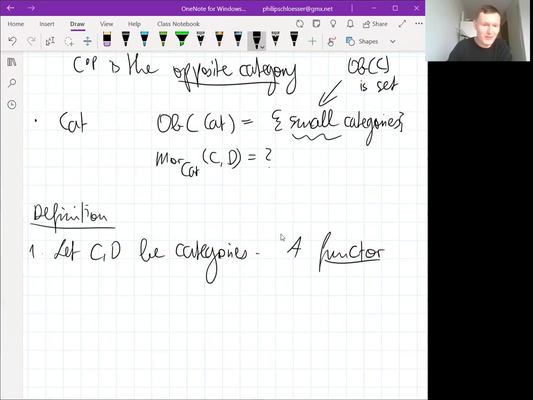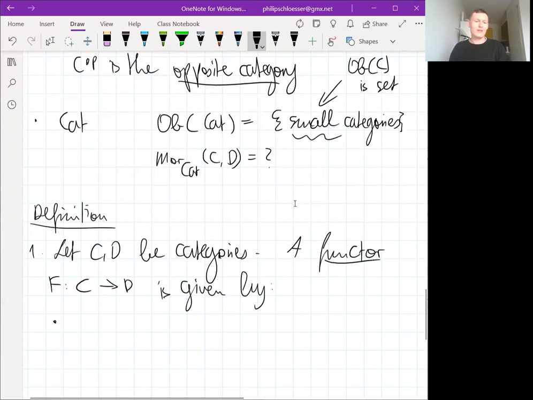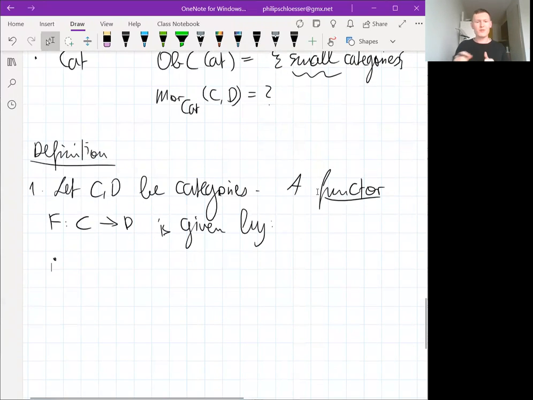So a functor from C to D, and note that I'm always using this function notation for stuff. A functor from C to D is given by the following data. Well, a category consists of two things, so our functor had better do stuff with two different sorts of things.